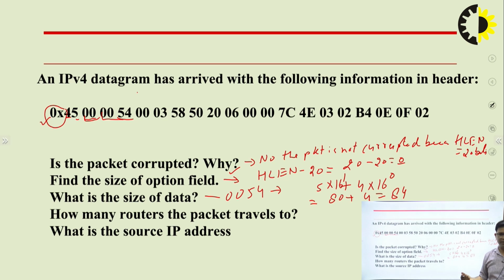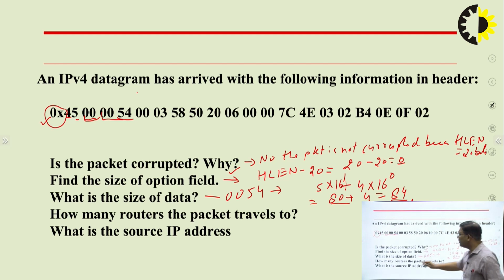There is no option. What is the size of the data? 84 is the total length, and the data size can be calculated as 84 minus HLN. HLN is 20, so it means 64 bytes. We have 64 bytes of data along with this frame.